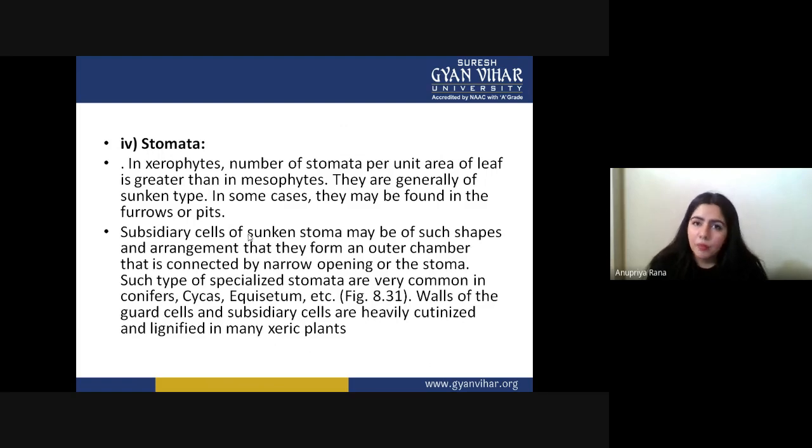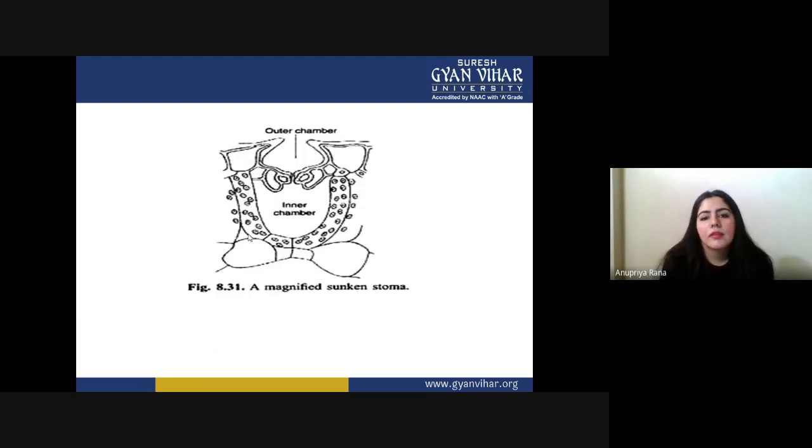Many stomata are present, all of the sunken type, and they are deep inside the cortex. That's why they do not let water evaporate and transpiration is very low. You see this is an outer chamber and they are present inside the inner chamber here. This type of stomata is known as magnified sunken stomata.